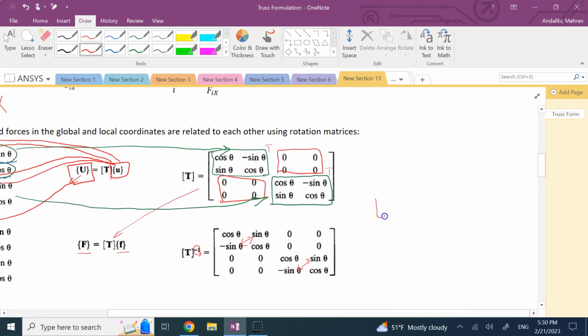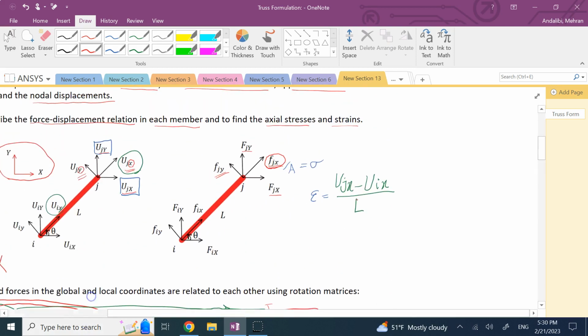The thing that we find is the capital U. But remember, if I want to find the strains and the stresses, we need what kind of U's? We need the small ones. These are the small U's, because they are in the small system, the local system. So if I find the big U's, I need to find the small U's so I can use them in stress and strain.